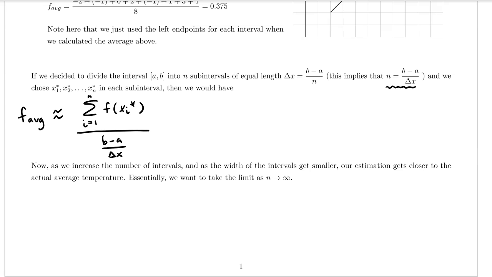And right now I have a complex fraction, so I'm going to take my denominator, take the reciprocal of it, and then multiply. So now that would leave us with delta x over b minus a times the summation that I had earlier.